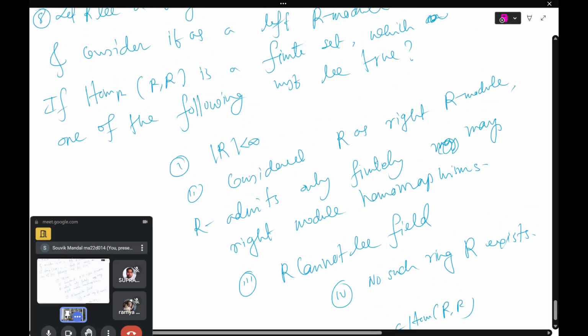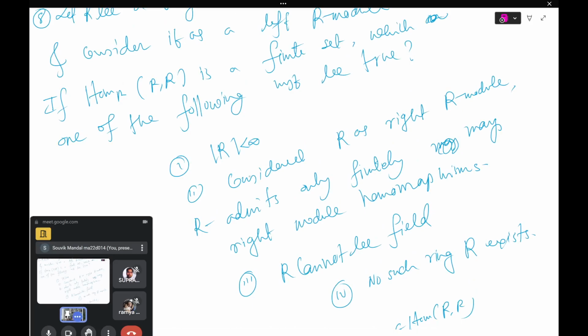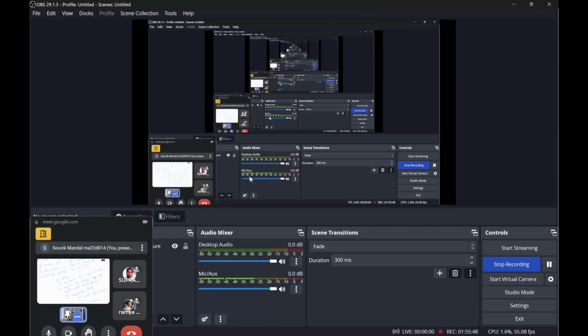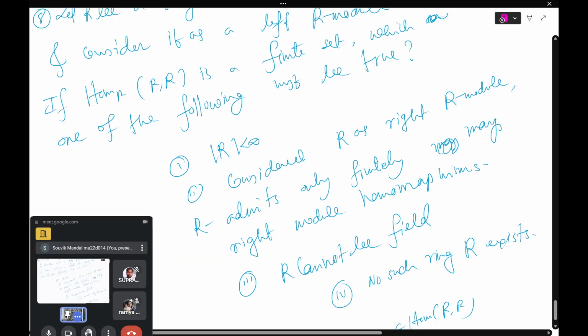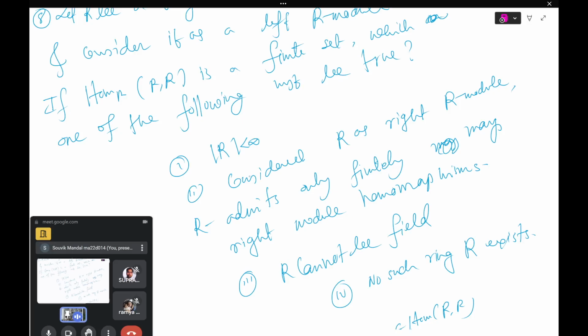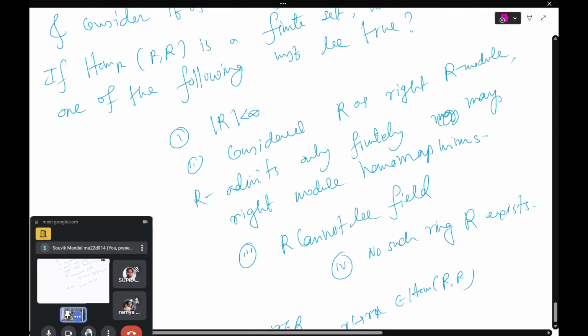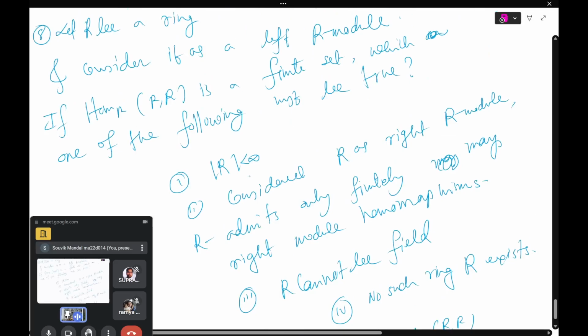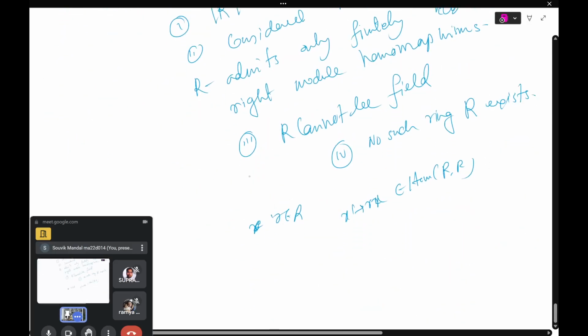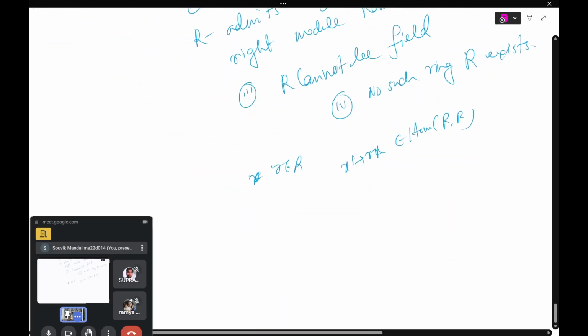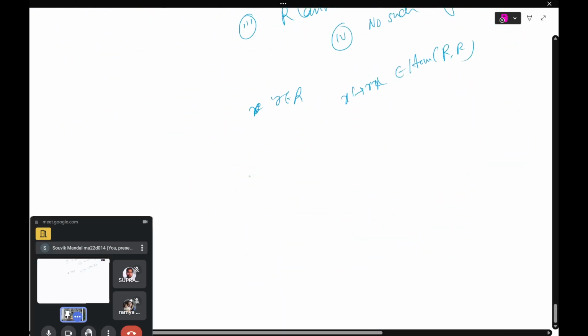So let me do the answer because we don't have much time left. Firstly, R is given to be finite.